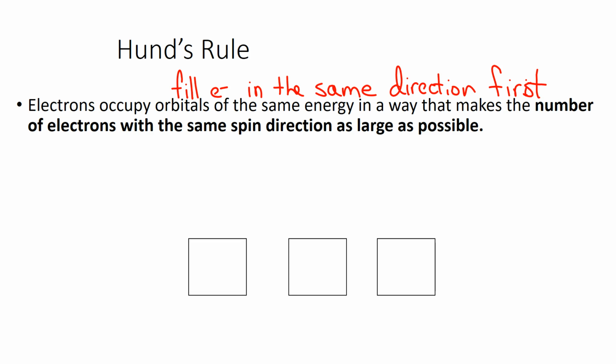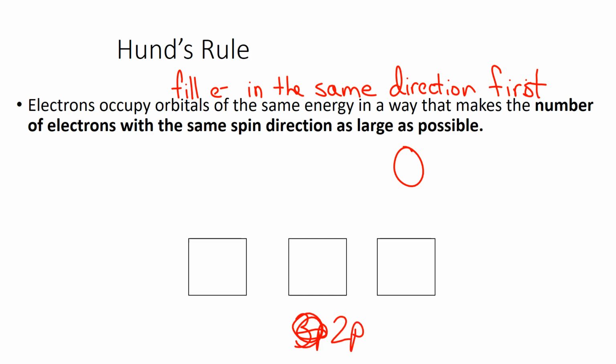So let's say this represented an element in 2P, and let's say this is oxygen.